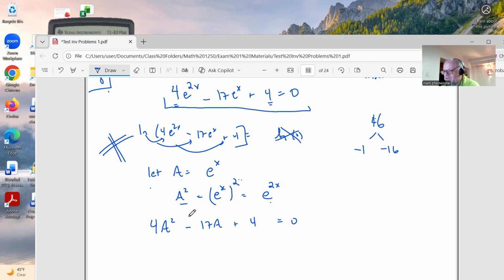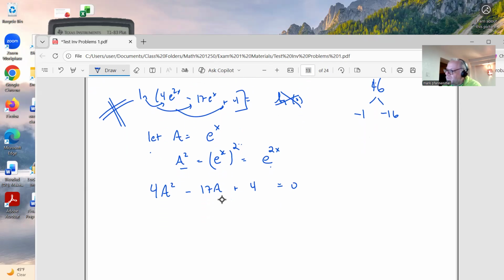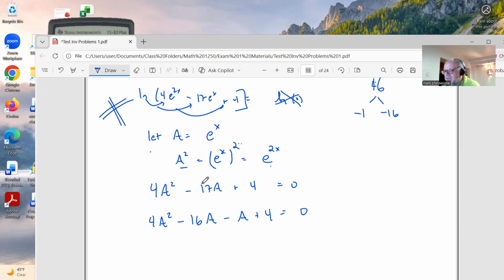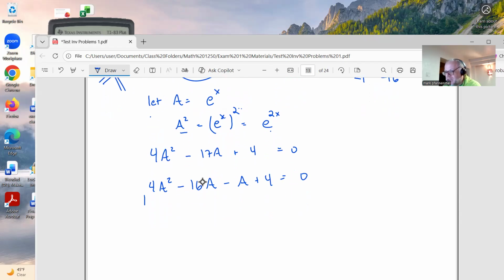Now we can go back to trying to factor this. We've said that 4 times 4 is 16, and negative 1 and negative 16 will add up to negative 17. Let's see if we can do it that way. So we have 4a squared minus 16a minus a plus 4 equals 0. Now we have a factoring by grouping situation. We look at first pair, second pair. Of the first pair, 4a is common, so let's pull that out.